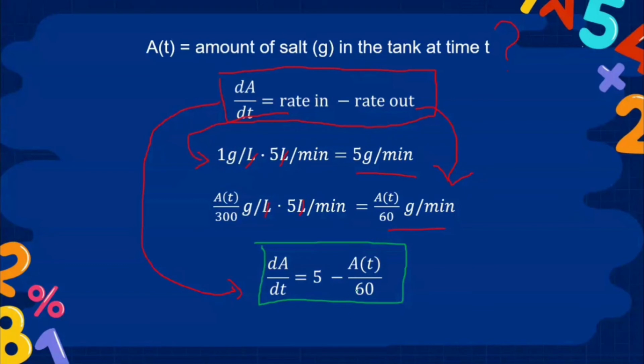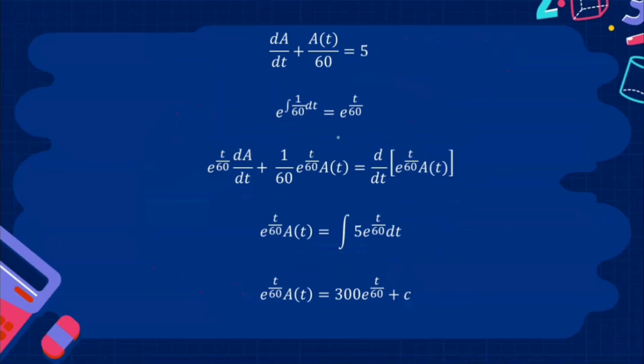We just substitute into the equation. But if you realize, this is not in the standard form, so we have to rearrange it to look better in the standard form. In the next slide, this is how it will end up.